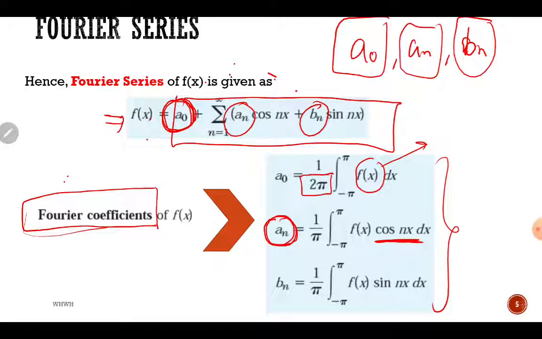We will find out very soon. And then here from negative pi to pi untuk bn pula, kita tahu bn ni adalah perkali or coefficient for sine series, so darab dengan sin nx dx. So nampak tak beza? Untuk a0 we use 2 pi, but untuk an and bn is 1 over pi sahaja.